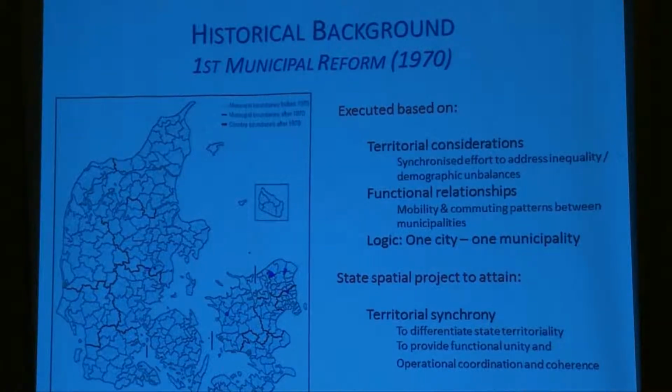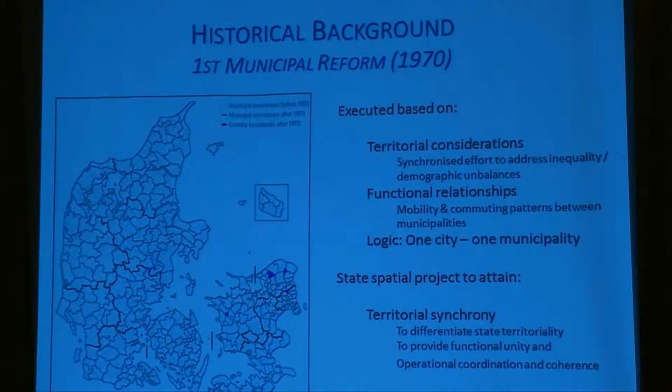So the idea of this reform was actually to balance out these considerations based on functional relationships, also mobility and commuting patterns between municipalities. So again, geographical thinking. And the logic of this subdivision was one city, one municipality. All this territorial subdivision that we see in this map is based on this spatial logic.